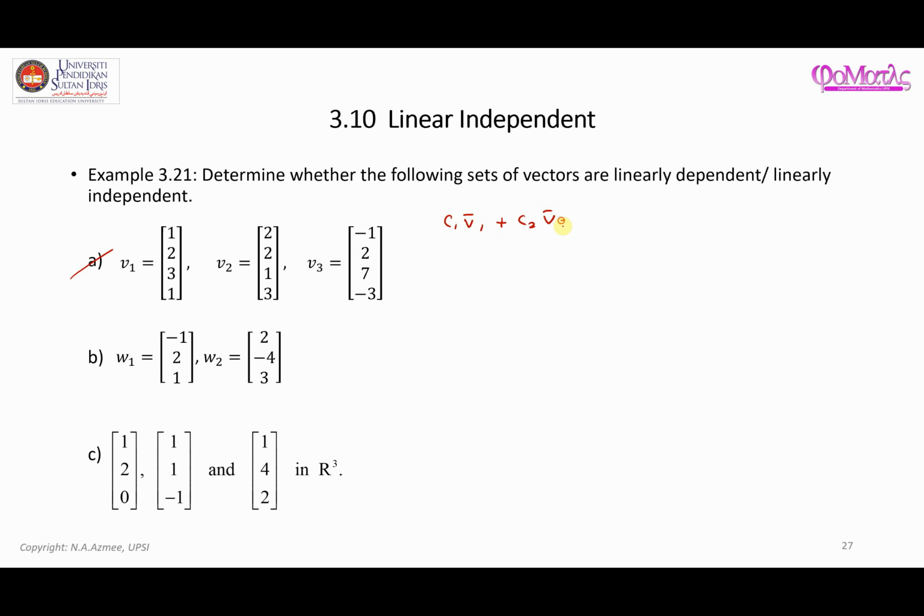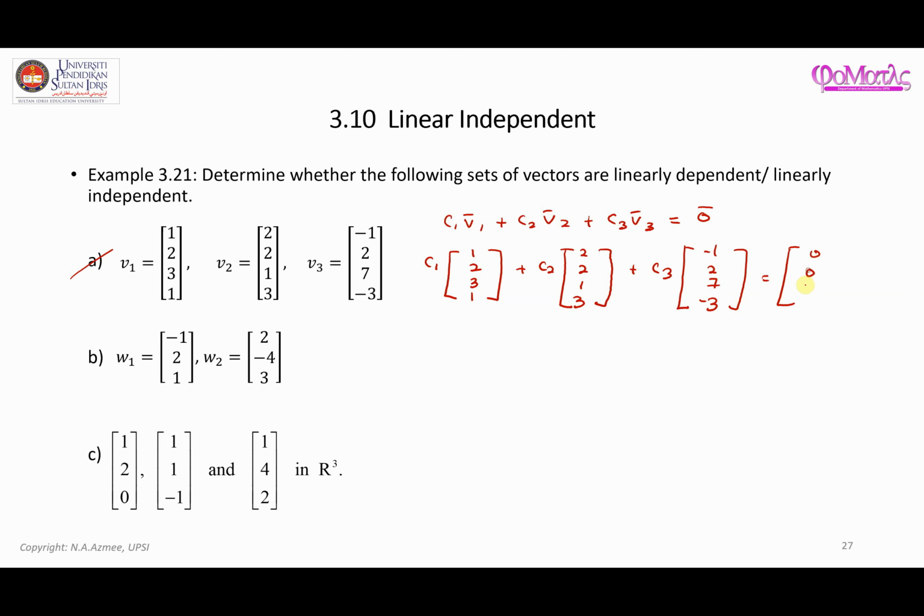This is what we have to do first. Here C1 times the vector 1, 2, 3, 1, C2 times 2, 2, 1, 3, and C3 times -1, 2, 7, -3, and here is all zeros.